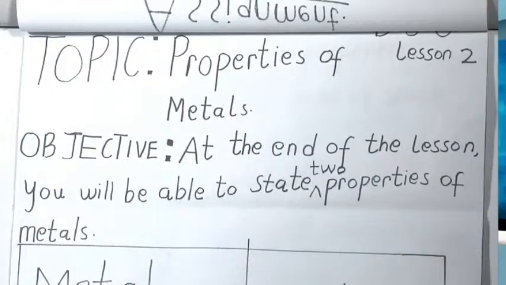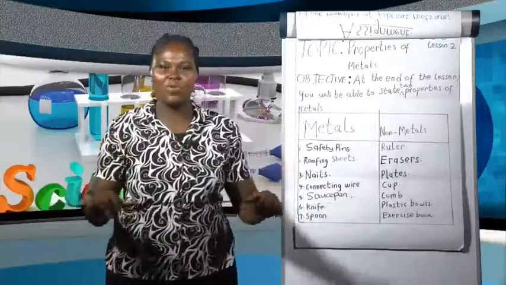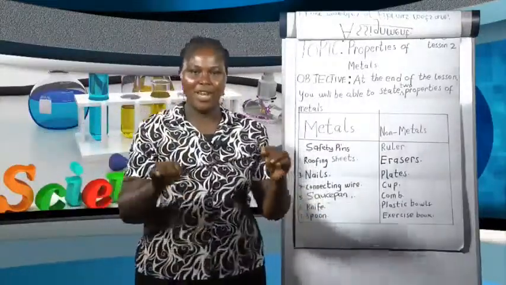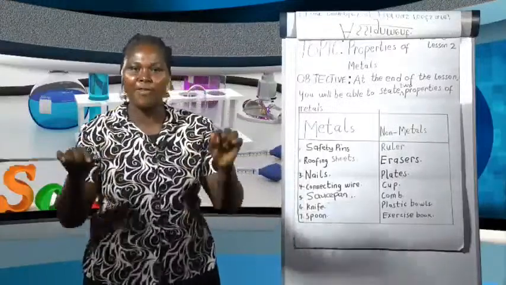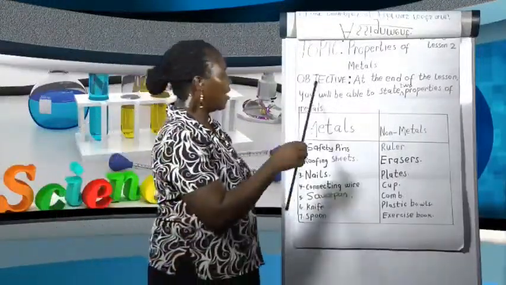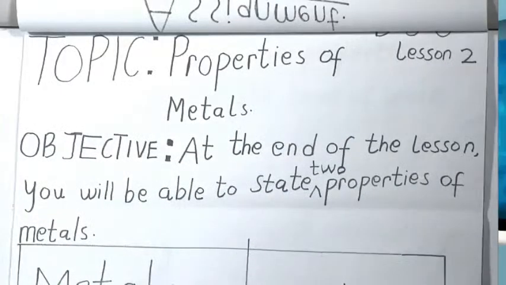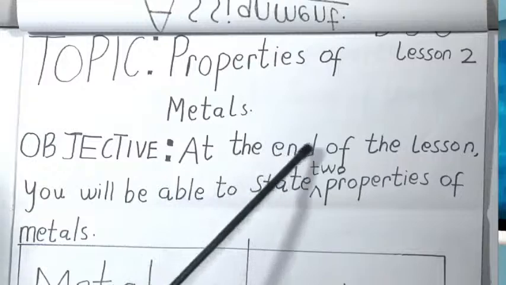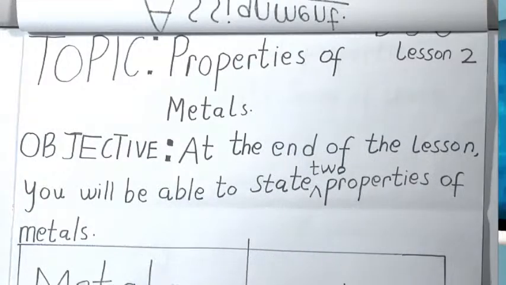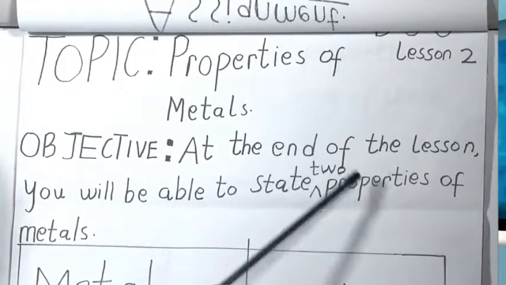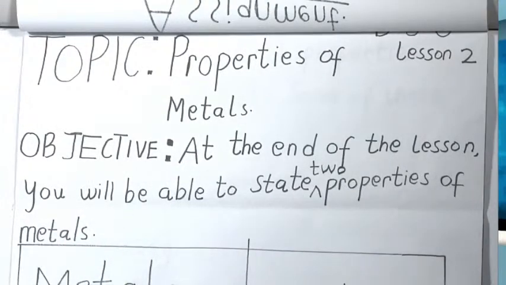Of metals. Now, before we start the lesson, let's look at what we are supposed to know after the lesson. So let's look at our objective for today. Objective: at the end of the lesson, you will be able to state two properties of metals.